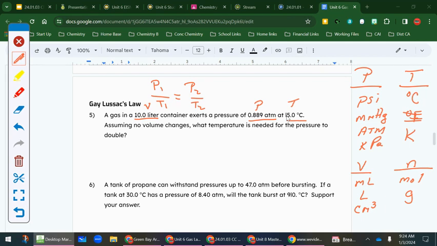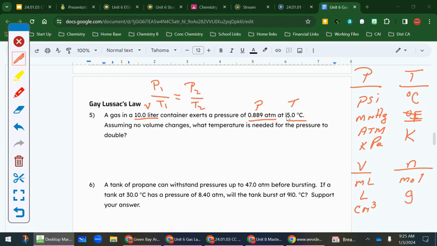Now, what is the title of this page of problems, Josie? So which one of those do I know I'm not going to need? Christopher? Volume. Why? Gay-Lussac's law problems don't involve a change in volume. So if I put a change in volume problem in here, I either put it in the wrong spot or I messed up.